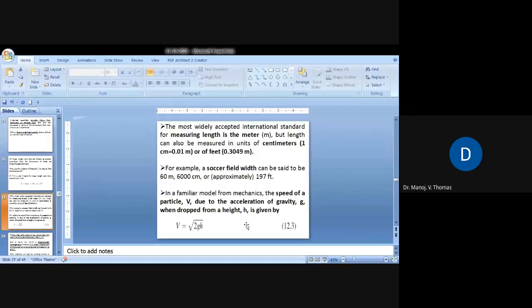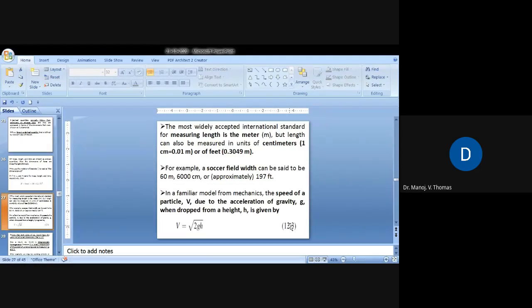So different units can be used. If we consider one equation, a familiar model from mechanics, the speed of a particle v due to the acceleration of gravity g when dropped from a height h, it is given as v is equal to square root of 2 into g into h.